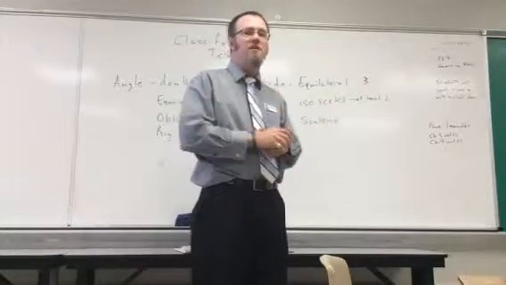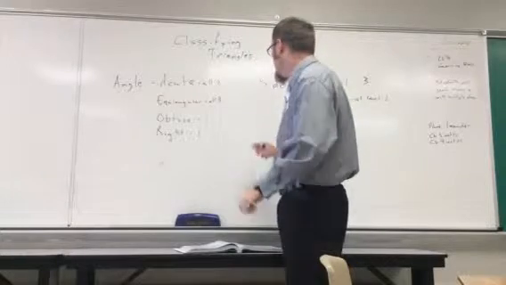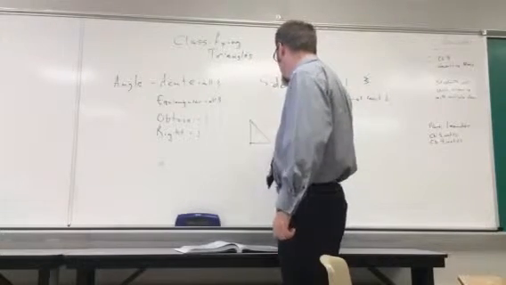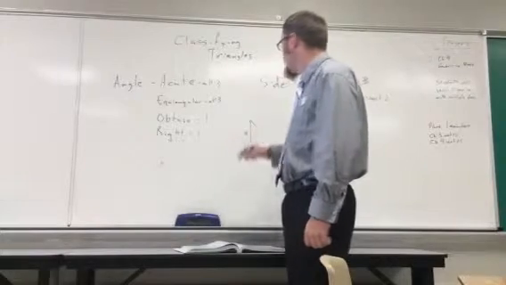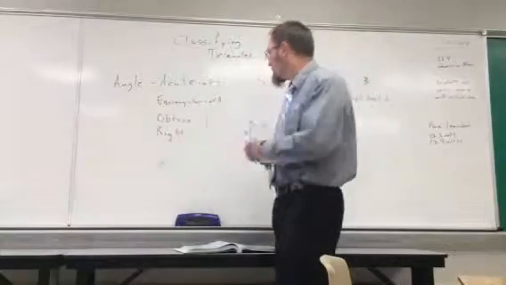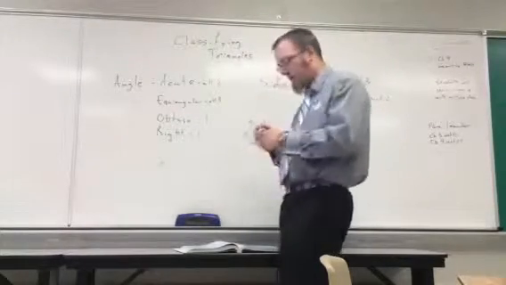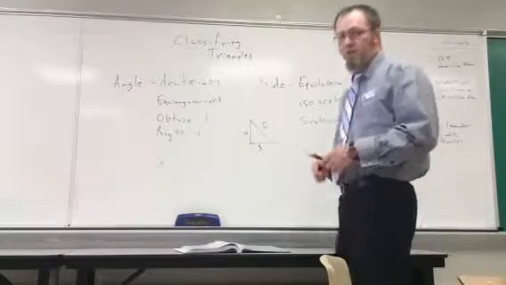Now, as you get into this, you'll be using both of these. So, for example, if I make a right triangle here that is a 3, 4, 5 triangle, then we know two things. We know it's a right triangle because it's classified like that, but we can also classify by side that it is a scalene triangle.